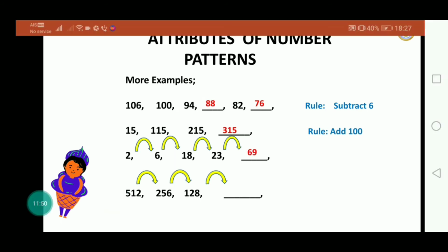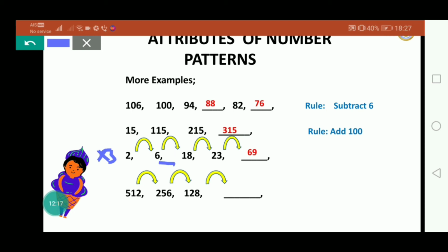So another example that we have is 2, 6, 18, 54, and 162. So what do you think? It's not only add and subtract. We could also do multiplication. So this one, 2 multiplied by 3 is equal to 6.